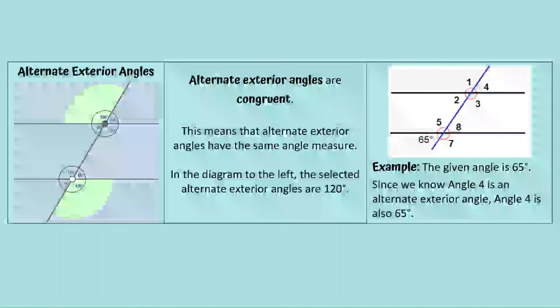So we're looking at angle number 4. Let's see if you can see my mouse. Here's 65 degrees. We're going to go to the exterior over here and the opposite side of the transversal. So that's angle number 4. Since these are alternate exterior angles and alternate exterior angles are congruent, that means that angle 4 is also 65 degrees.